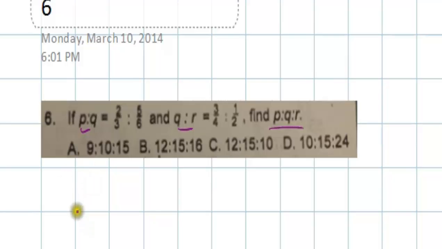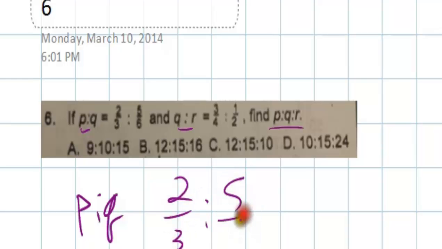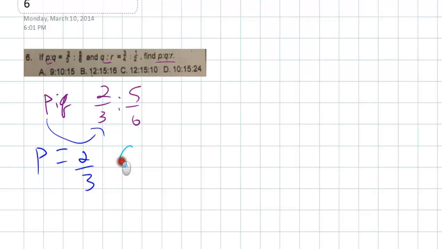First they give us P to Q and they tell us that it's 2/3 to 5/6. So we're going to say P is essentially 2/3 here, and Q is 5/6. And then we're going to do the same thing with this one.